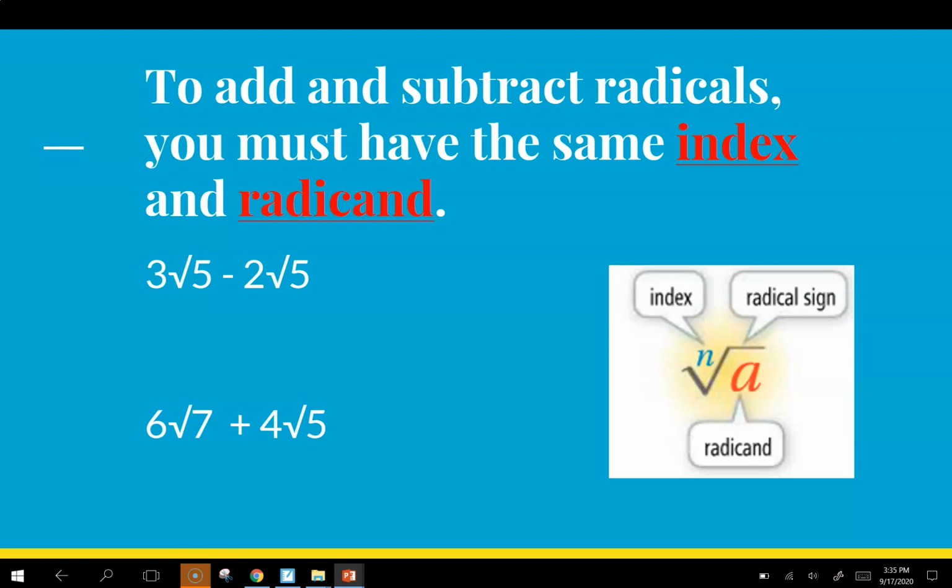So right here, if I have 3 square root 5 minus 2 square root 5, well, they both have square root 5. So I can do 3 minus 2 and get 1 square root 5. And you can write it either way. You can write the 1 or you don't have to write the 1. All right, here, 6 times the square root of 7 plus 4 times the square root of 5. Well, they both had the square root, but one's a 7, one's a 5.